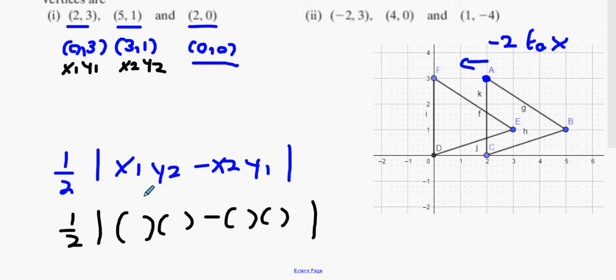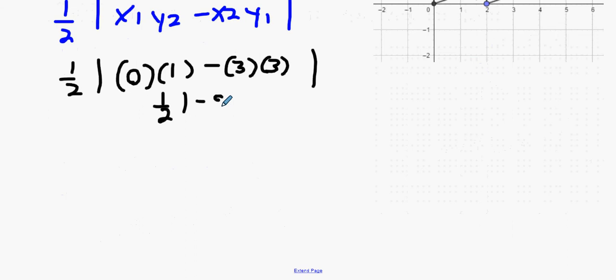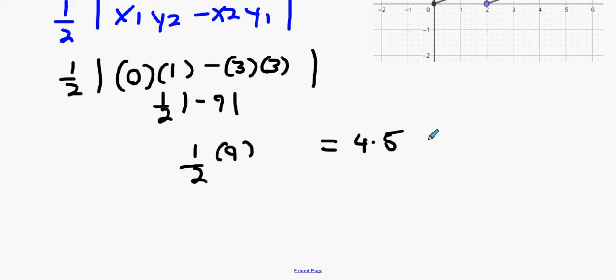So it's going to be 0 times 1, and 3 times 3. What's our answer going to be? A half of minus 9. What's a half of minus 9? It's the same as half of 9, which is 4.5 units squared. That's the size of your triangle.